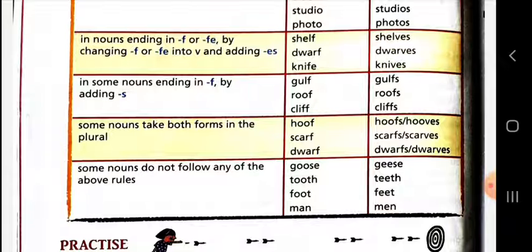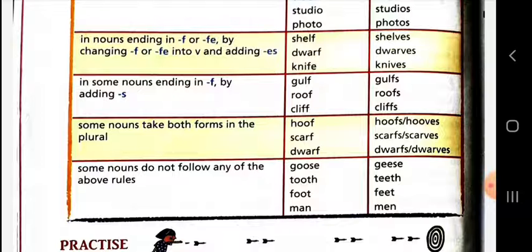Some nouns are given here that end in f, but you have to add only s: gulf, gulfs; roof, roofs; cliff, cliffs. Some nouns take both forms in the plural: hoof, scarf, dwarf. That means you can add only s, otherwise add ves. So the plural of hoof is hoofs and hooves.